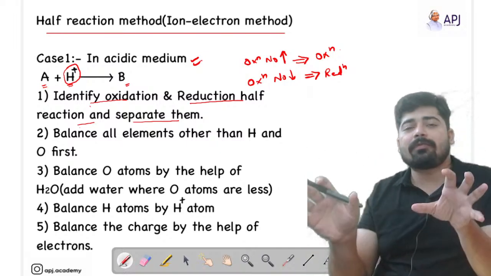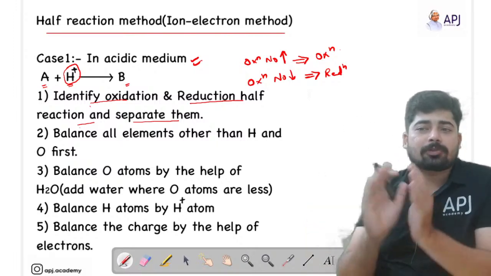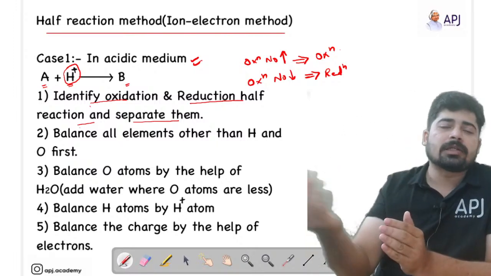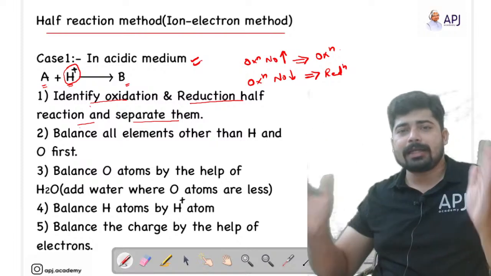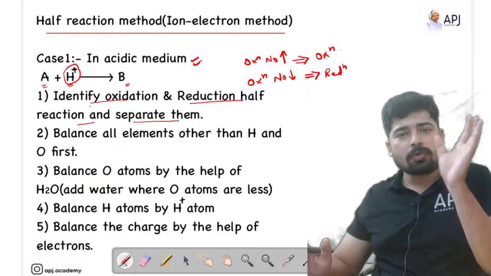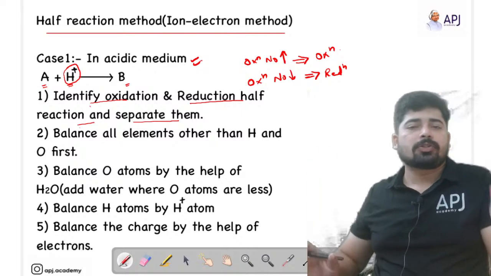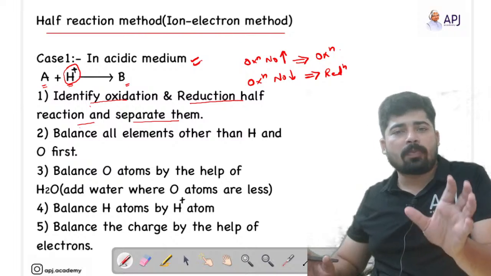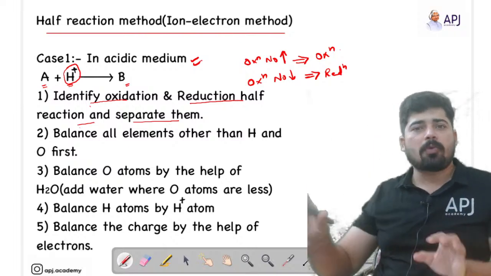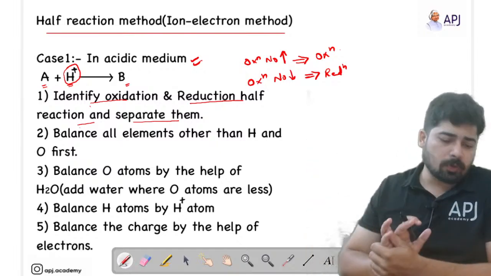What do we mean by redox reaction? Redox reaction means in a single reaction, oxidation and reduction take place. So obviously in a redox reaction, one will be oxidized and the other will be reduced. So we identify the oxidized compounds and the reduced compounds, and we separate them. That is the first step we have to do here.